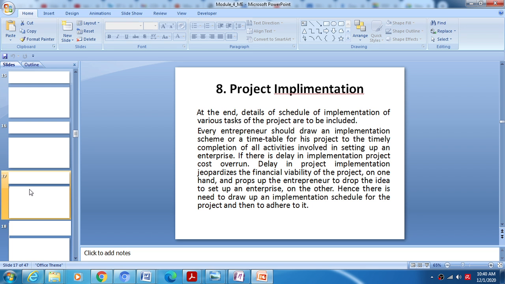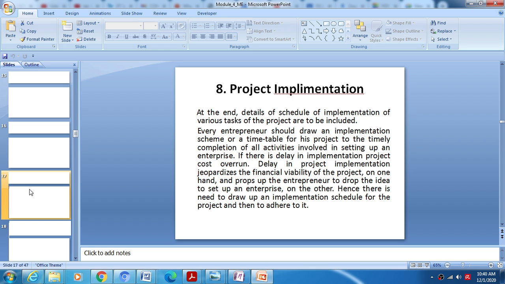Right. The last one is project implementation. At the end, details of schedules of implementation of various tasks of the project are to be included. Every entrepreneur should draw up an implementation scheme or a timetable for his project for the timely completion of all the activities involved in setting up an enterprise. If there is a delay in implementation of the project, there is cost overrun.